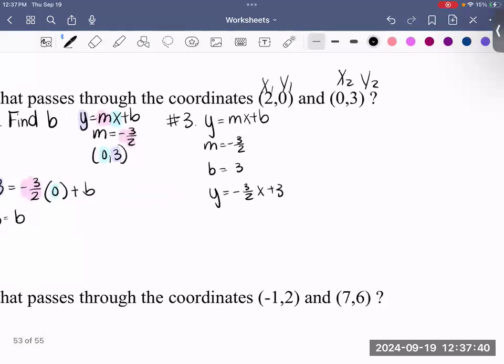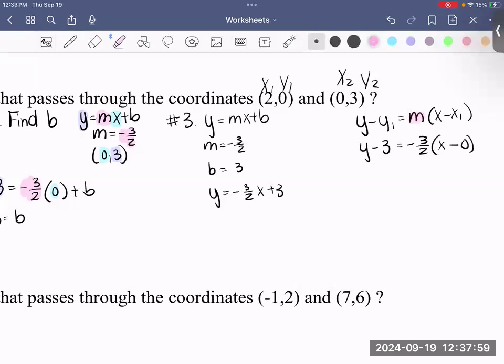And I'll just do it one more time. If you chose to do your slope, point slope form, I'll choose the same point. It doesn't matter. So we have y minus 3 is equal to your slope, negative 3 over 2, x minus 0. So I'm going to use your point, the same one that we did from last time.